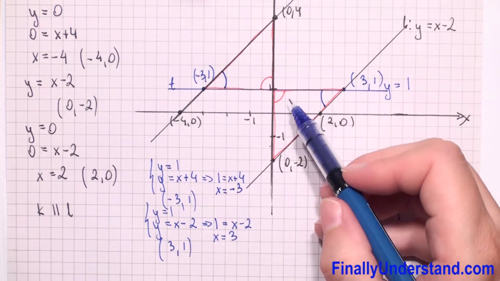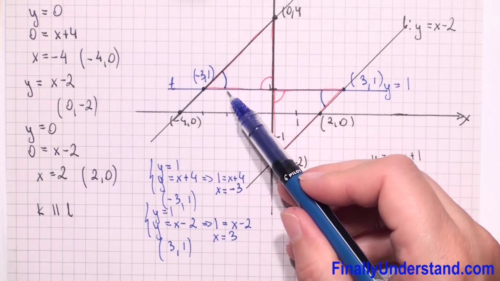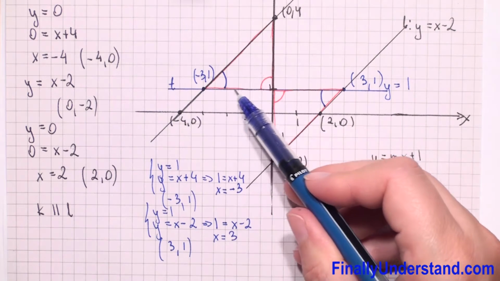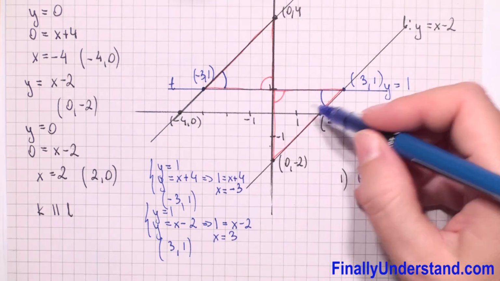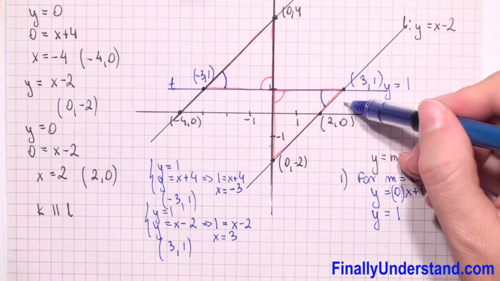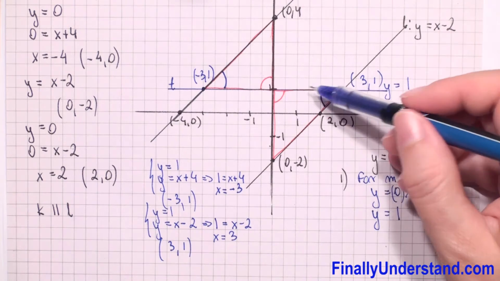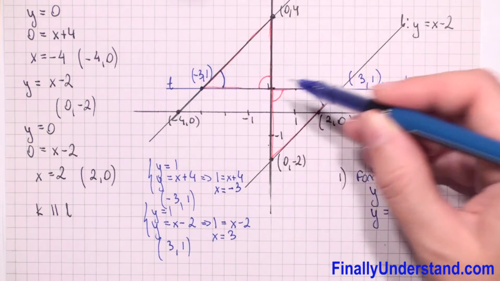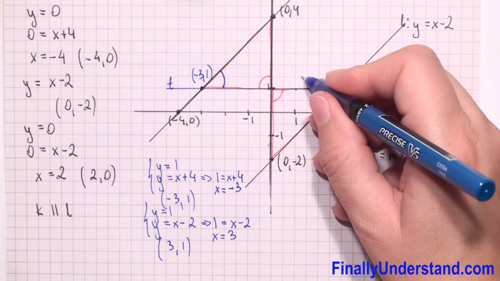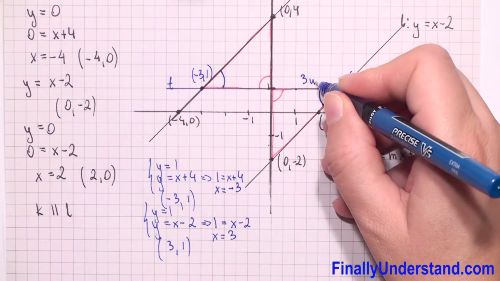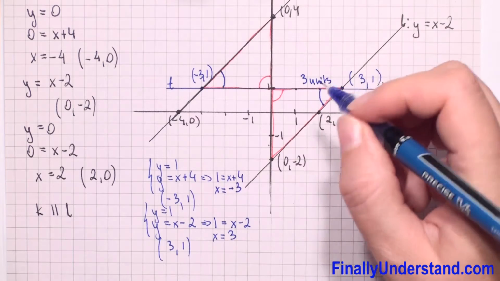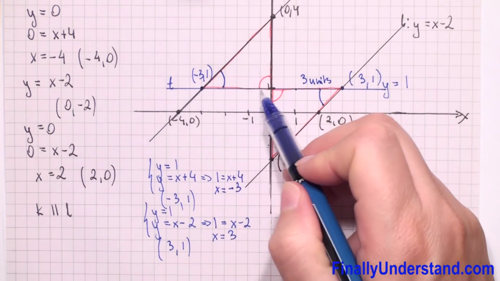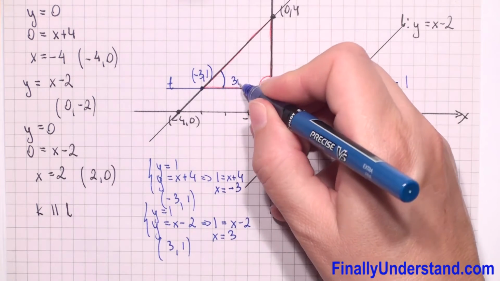So now we just have to count this side. We have unit 1. We have the points (3, 1) and (negative 3, 1). So we have 1, 2, 3. This side has 3 units. And this side also 1, 2, 3 units.